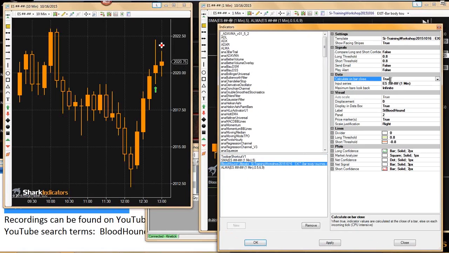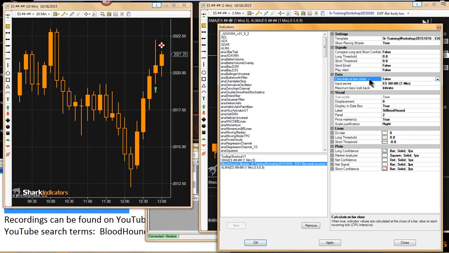With calculate on bar close set to true, which is the standard setting for indicators, you can only access data for the bar that's closed. If you set this to false, then NinjaTrader will give you the price data on the bar that's building.